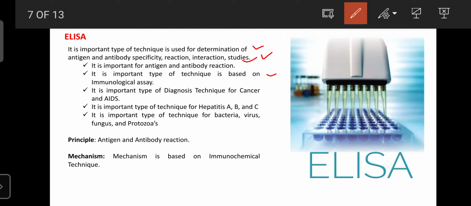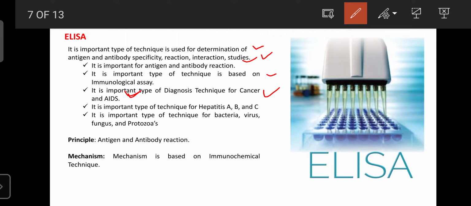So ELISA is an important type of diagnostic technique for cancer as well as AIDS. In cancer they are targeting a molecule that participates in the cancer, because various enzymes are involved in causing the cancer cells.